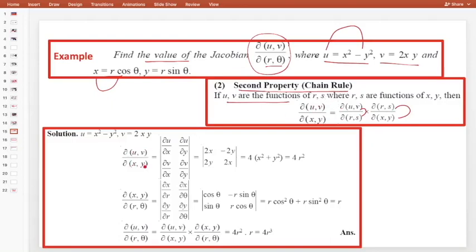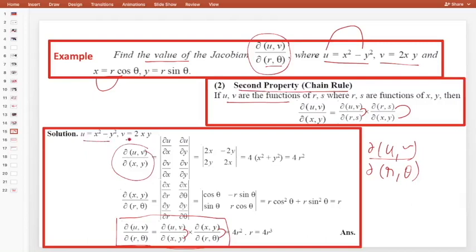Just see, we have to find del uv by del r theta. So very simple, in the last they have mentioned here, right? First uv with respect to xy and then xy with respect to r theta. So first we find del uv upon del xy, right?